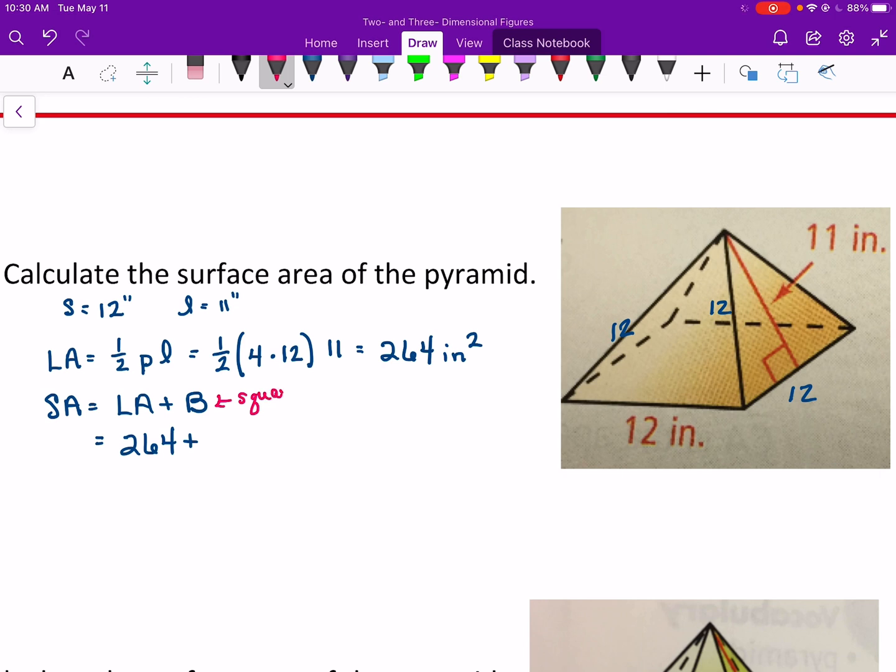So for the area of the base, I need to calculate the area of my square. It is 12 wide, 12 long, so 12 times 12. Or that's 264 plus 144. My total surface area is 408 inches squared.